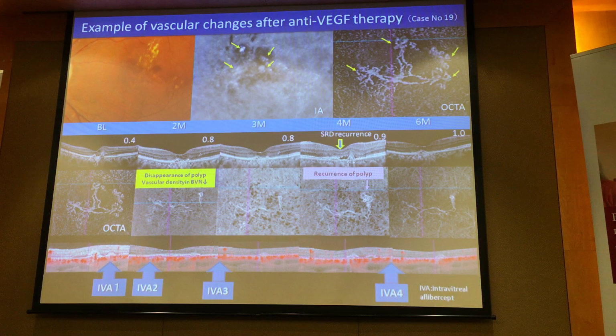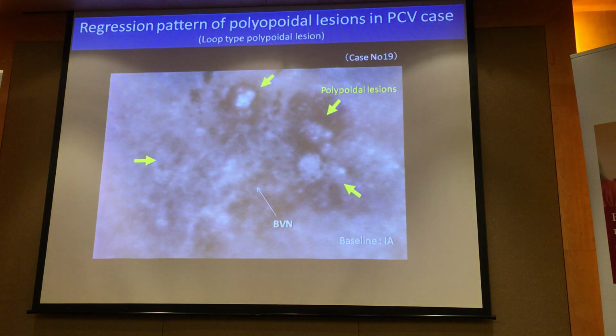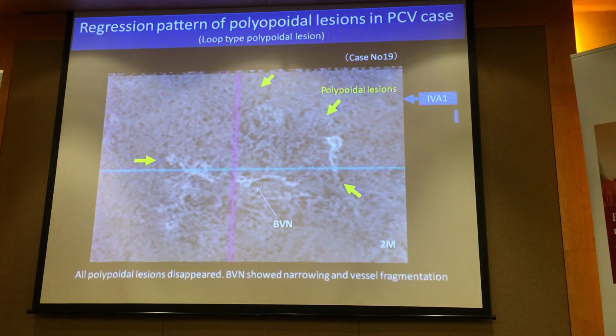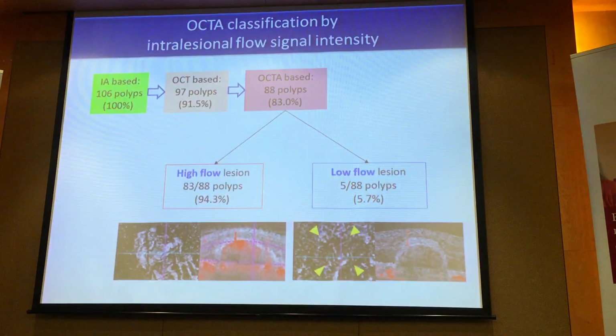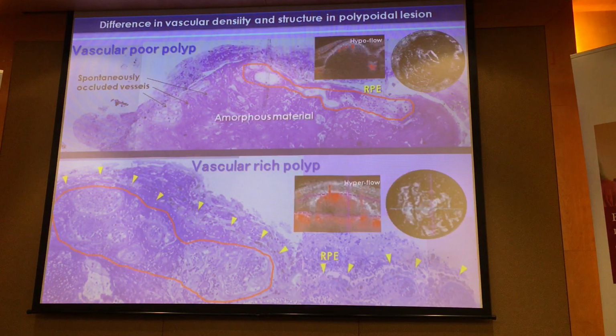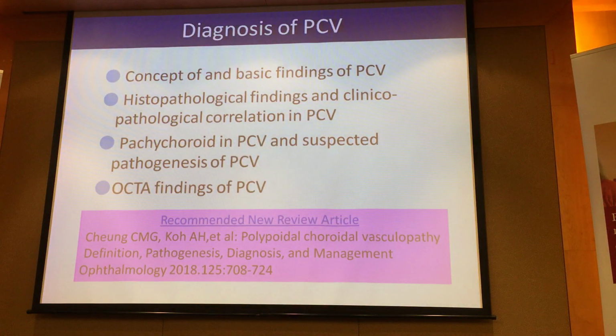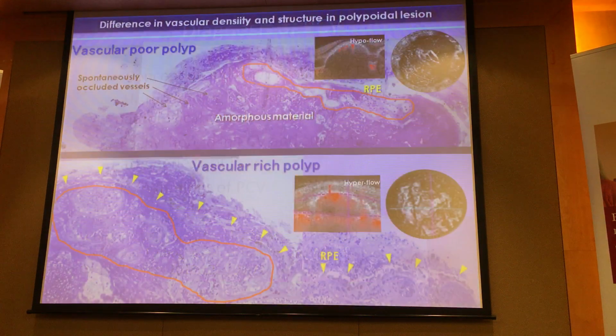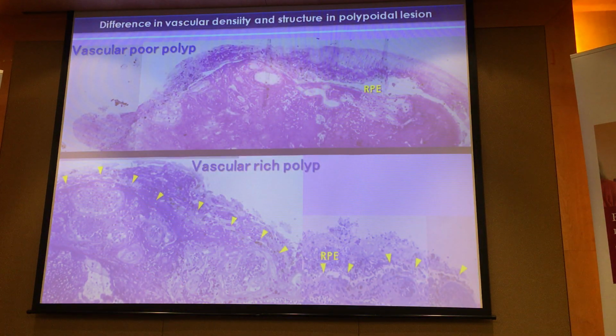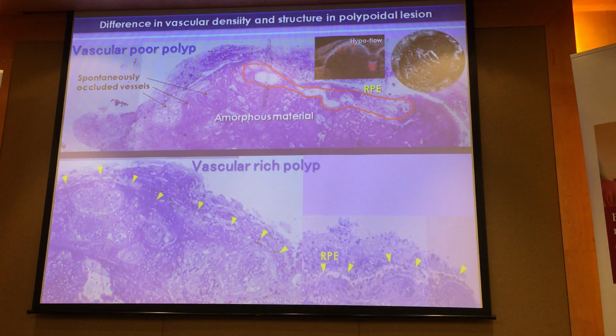Sorry if I missed it, but what's the difference in the regression rate of the low flow versus high flow lesions? I missed the slide.